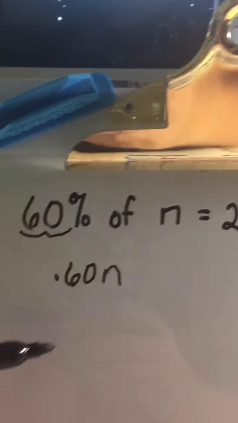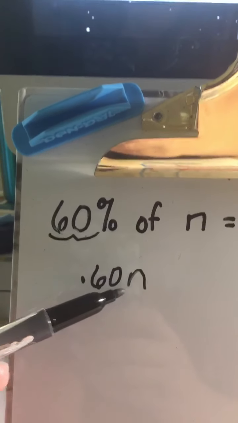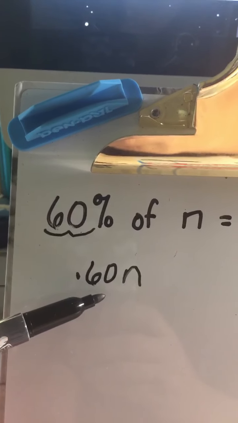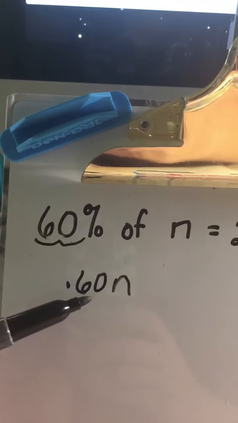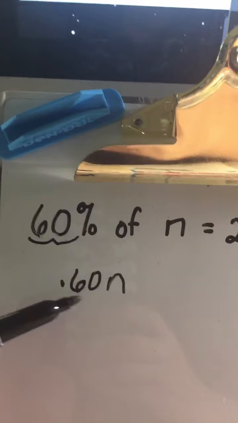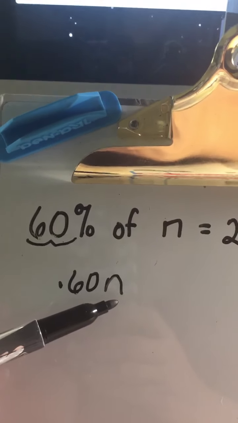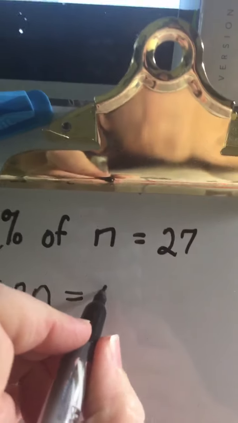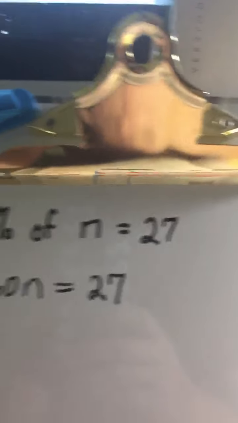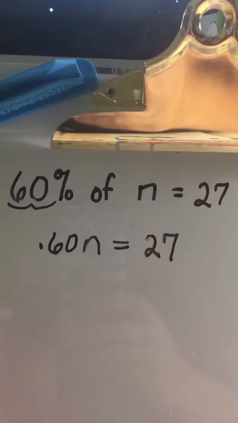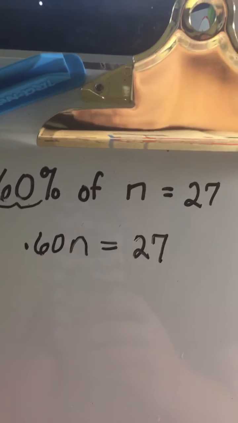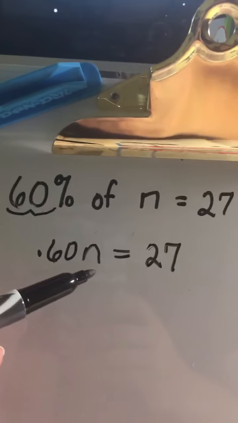You just write it right next to the number that you're going to be multiplying it by. Okay, so 0.60n means 0.60 times an unknown number, and that equals 27. We know that. We counted. When you went skiing, you counted how many trails were already open. Okay, now we want to find out what this n is.